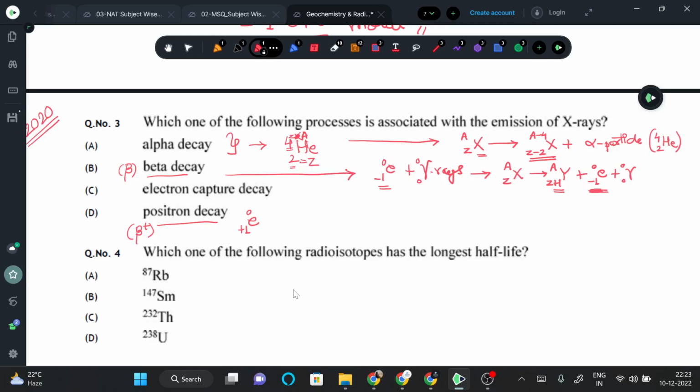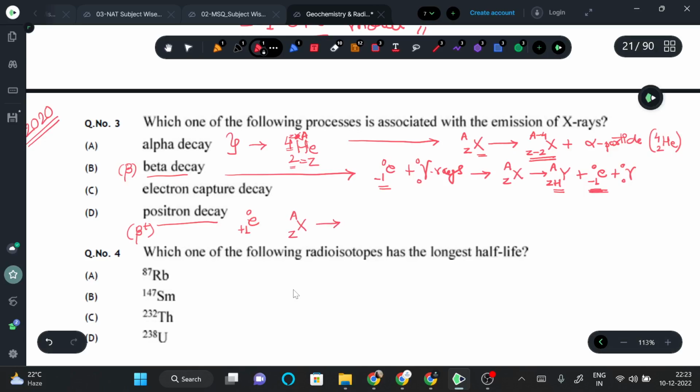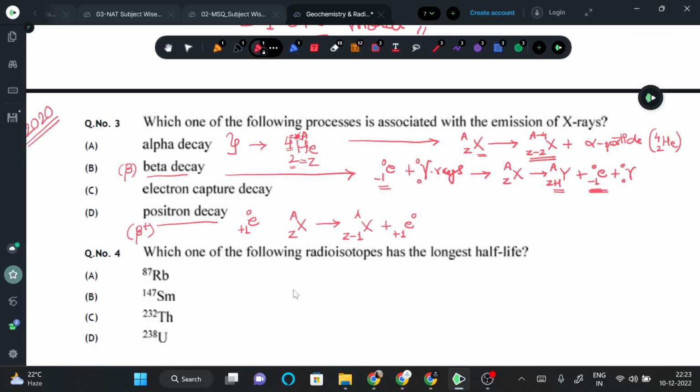So here what is happening, if we talk about this positron decay, it will just get reversed. In normal beta decay, it was Z plus 1. Yes, it will be here Z minus 1, because here it is having plus 1. Is it clear?